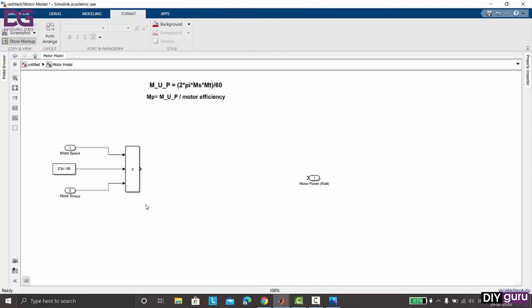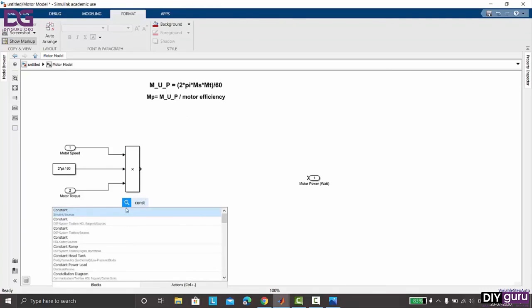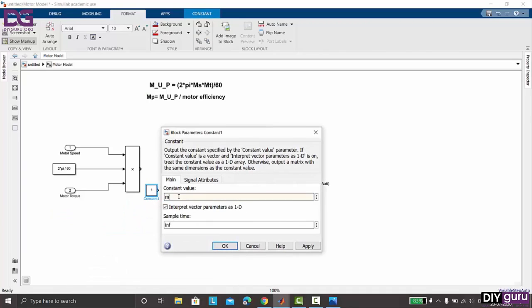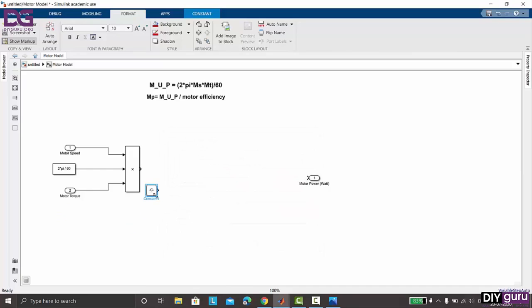So once we have obtained the motor useful power, we want to derive the motor efficiency. Add one more constant block, that is motor efficiency, and one divide block, and then we get the motor power.